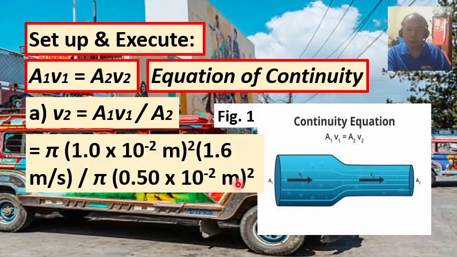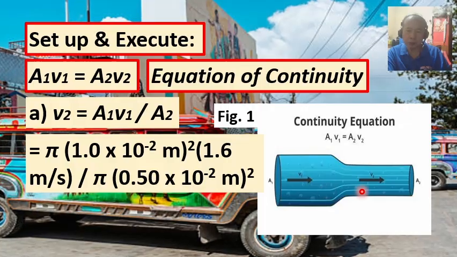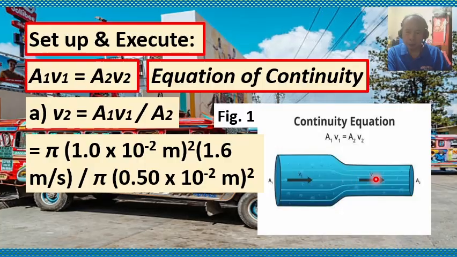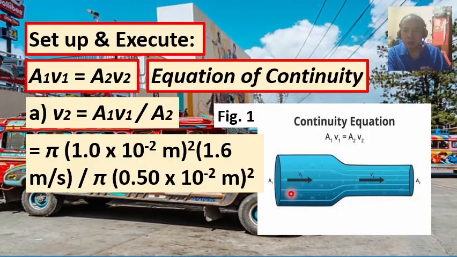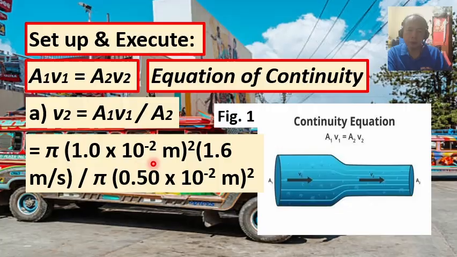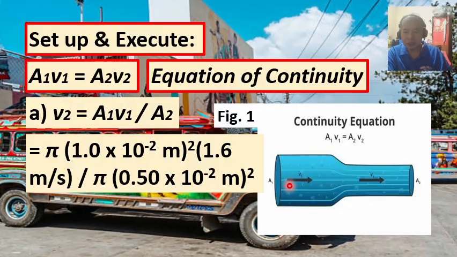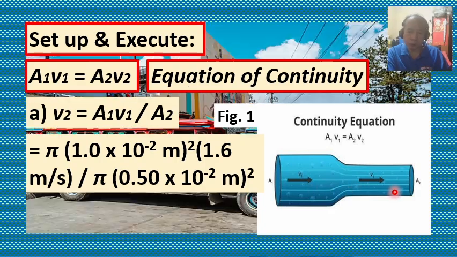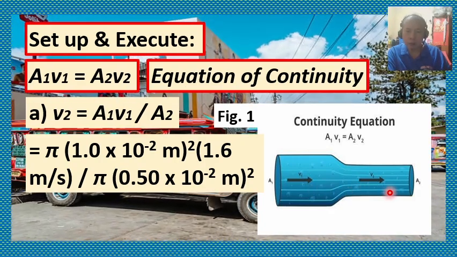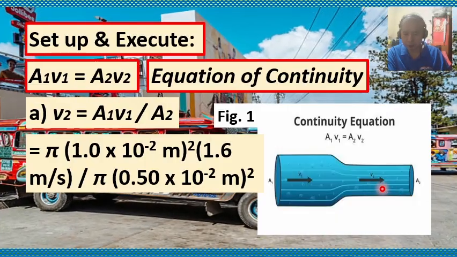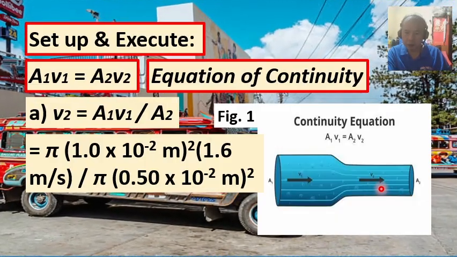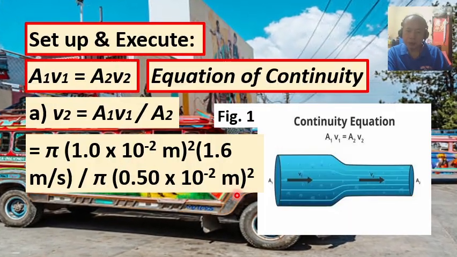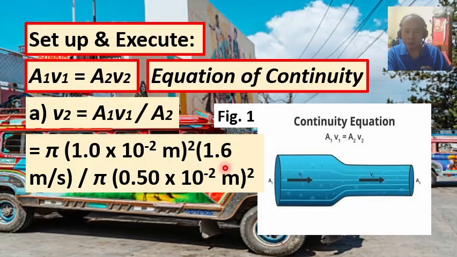So if the water flows into the smaller tube, with a radius that is only half of the radius of the bigger tube, we can predict that the speed of the water flow will increase 4 times, or V2 will be 4 times greater than the value of V1.